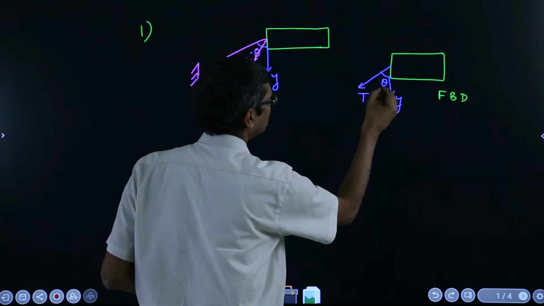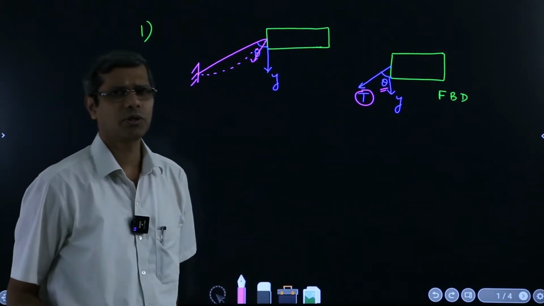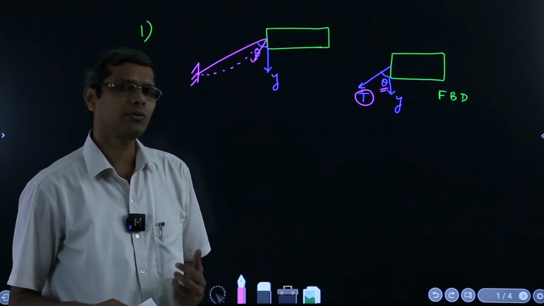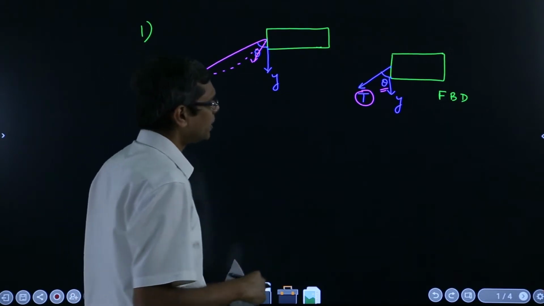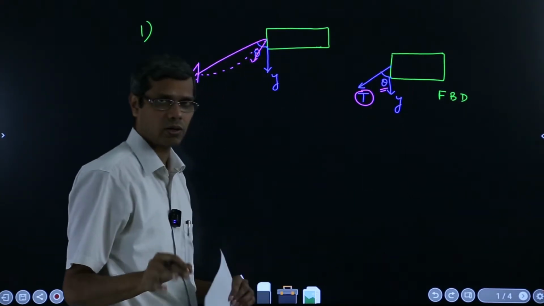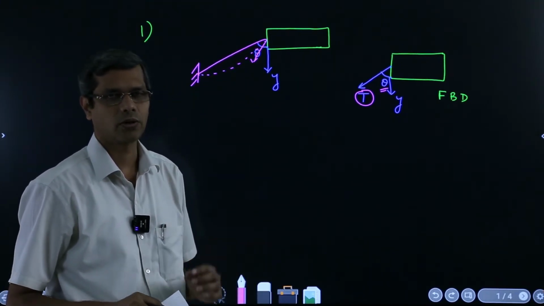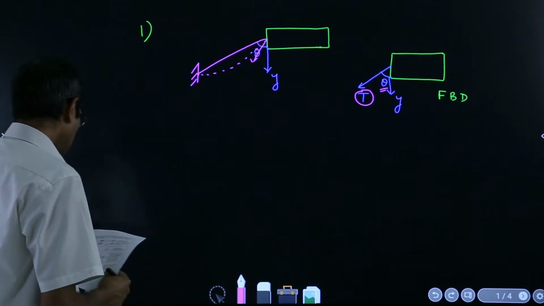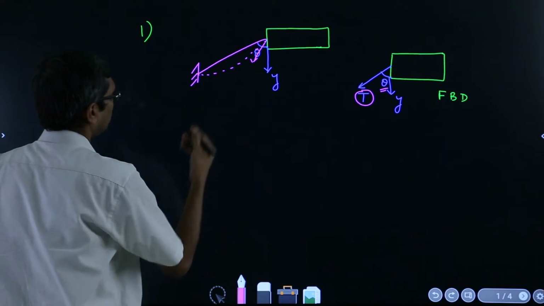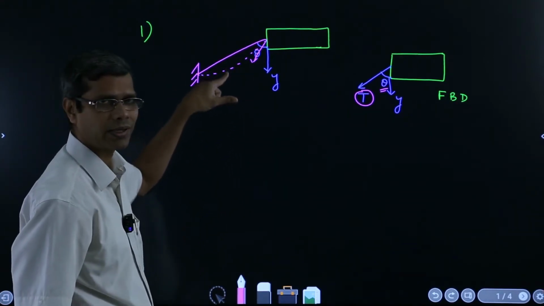Mostly what happens is, if the question asks you what is the tension in the thread, that means it is asking about the magnitude of that force, but then you have to be careful to think about whether you know the theta or not, depending on whether the mass is neglected or not. So that is one type of connector. The connector here is the flexible cable, thread or rope.